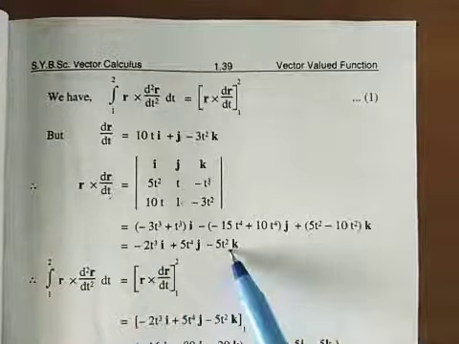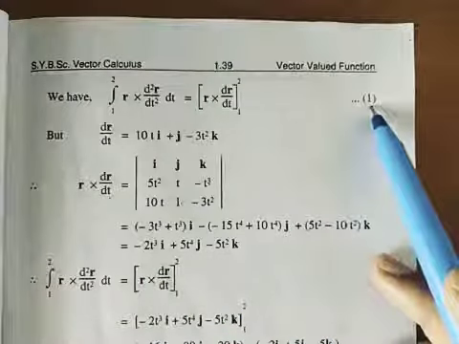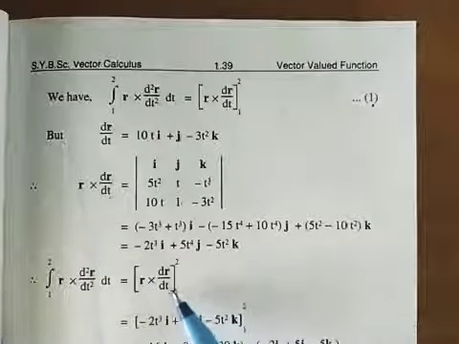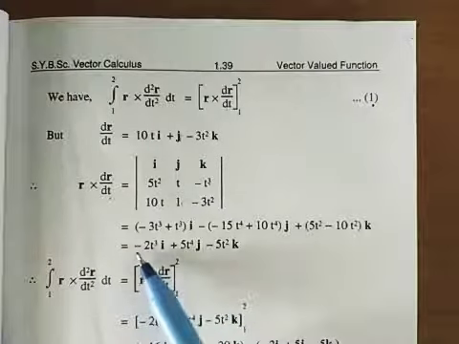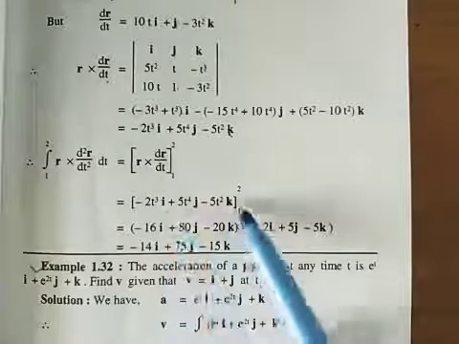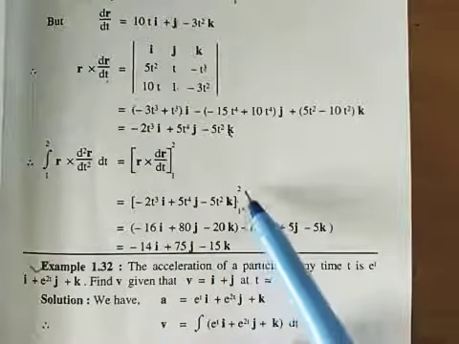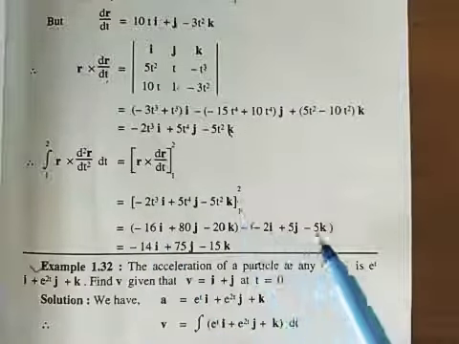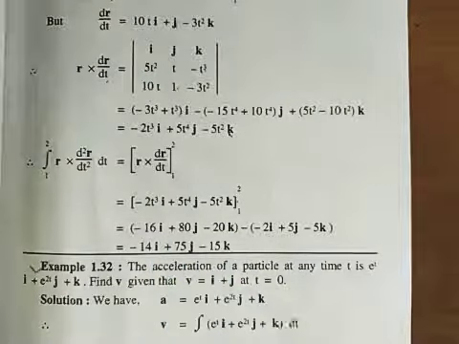It has this value. So this integration is equal to this cross product with limits 1 to 2. We find the cross product, in brackets with limits 1 to 2. Then we apply the limits, upper limit 2 in t minus lower limit 1 in t. We get finally this answer.